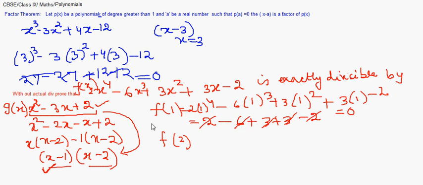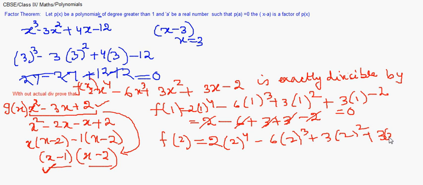x minus 2 also has to be a factor. So I take 2 times 2 to the power 4 minus 6 times 2 to the power 3 plus 3 times 2 squared plus 3 times 2 minus 2.